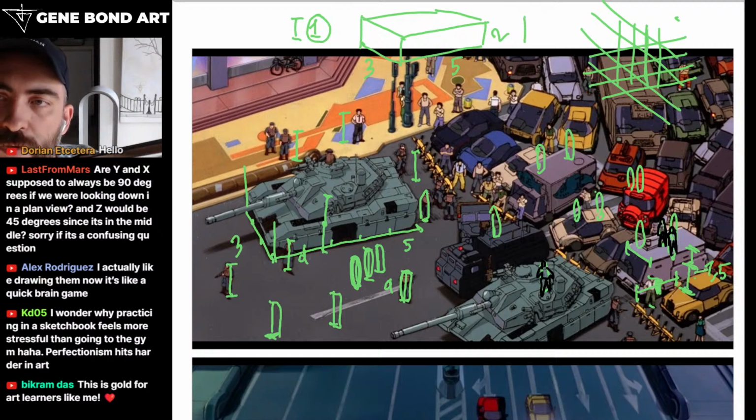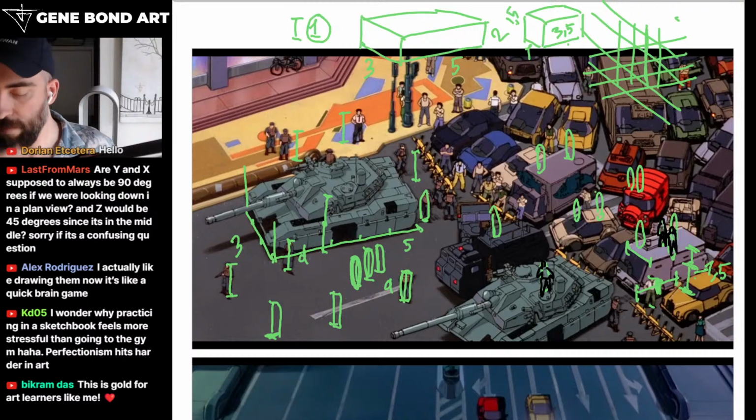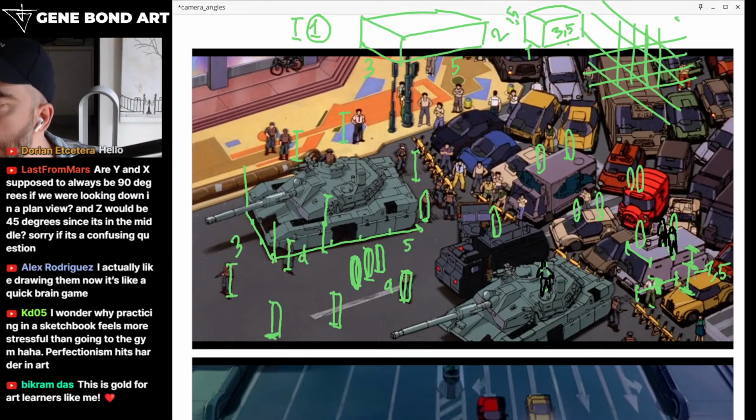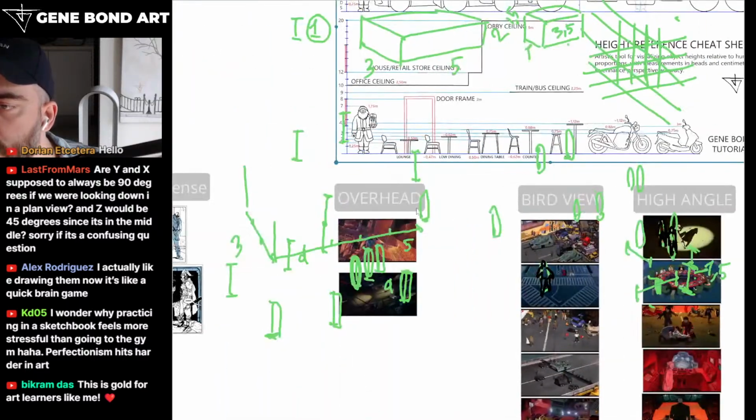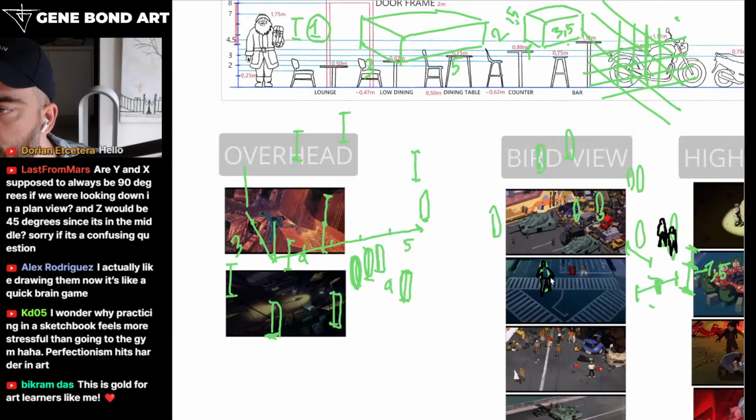So the minibus will be 1.5 height, 3.5 long, and just 1 human width. So I can do it here.